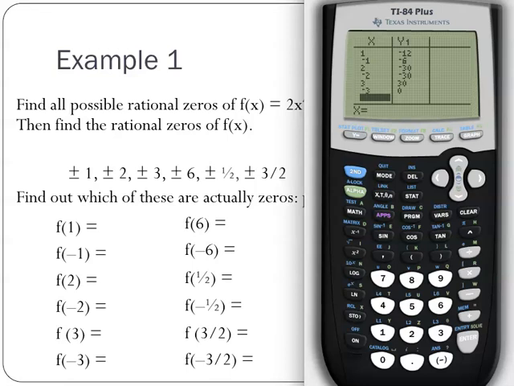So that's going to be one of our zeros, and we'll continue. It looks like 1/2 is also going to be a 0 as well. And it looks like those are the only two, at negative 3 and at 1/2.